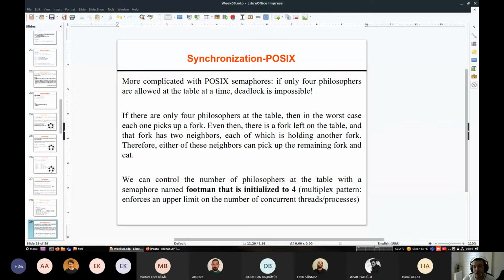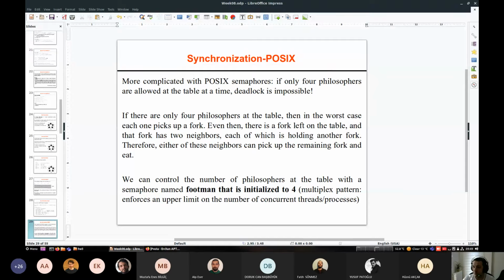Now, if we had only 4 philosophers at the table at any time, it would be impossible to have a deadlock. Why impossible? Well, because if there are only 4 philosophers, then in the worst case, where each one picks up a fork, since there are 5 forks, at least one philosopher will still be able to continue to eat.